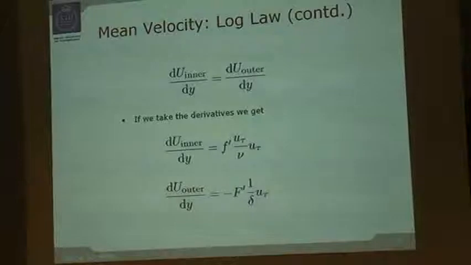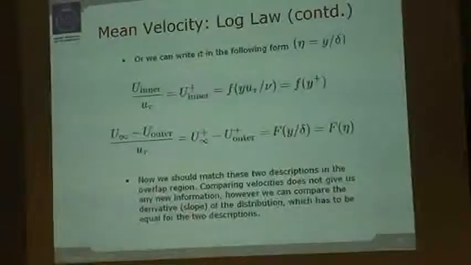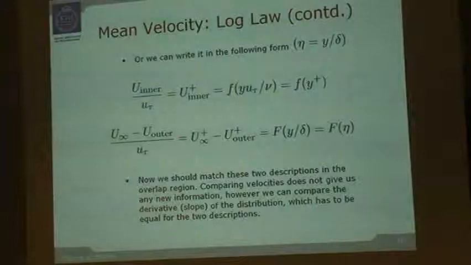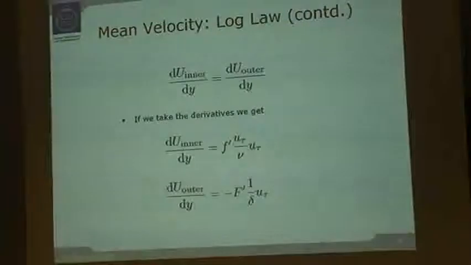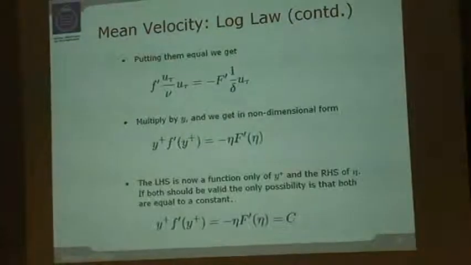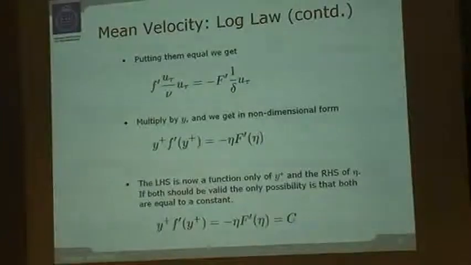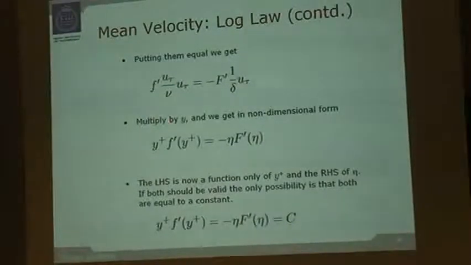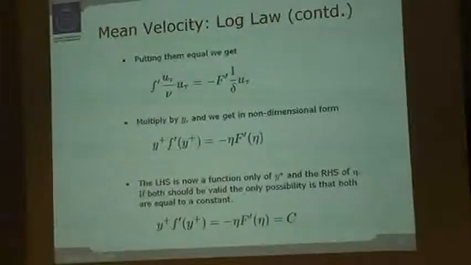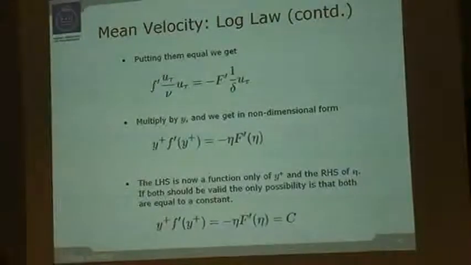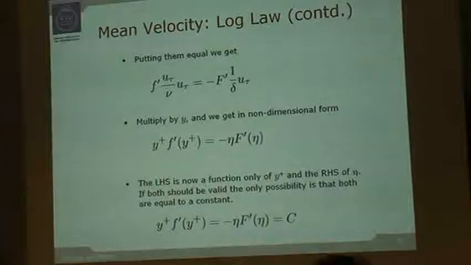This we can do. We can go back to the description in terms of f and capital F, and write it here with all the derivatives, setting them equal. Then we can multiply with y. If we multiply this with y, we get y plus, and if we multiply the other with y, we get this eta term.